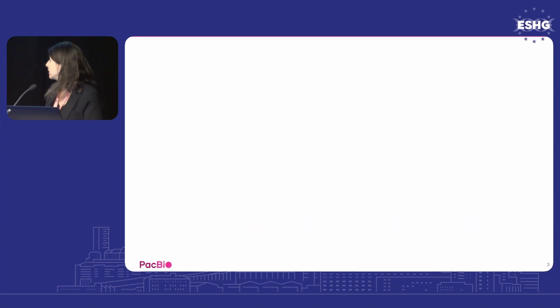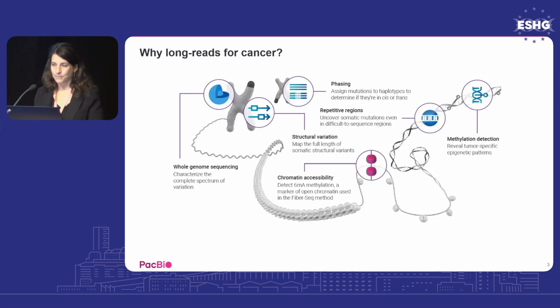Then the second topic, of course, when we think about FFPE is cancer. So why use PacBio long read for cancer? In fact, because the cancer genomes are usually much more complex. We are not only interested in a SNP, but also, of course, structural variants, repetitive regions, and it's also important to understand whether the variants occur on the same haplotype or on different haplotypes.